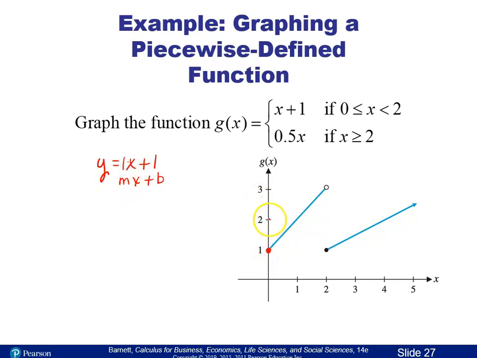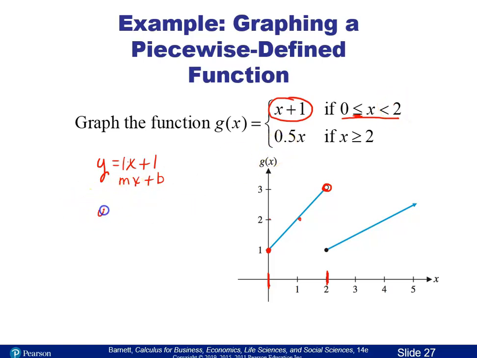So I'm going to go up 1 over 1, up 1 over 1, and that's the line that I would graph. But that line is only true if x is between 0 and 2. So that means only for this part here, from 0 to 2, is that line what I would use. I have a closed dot on the 0 because of the equals here, and I have an open dot on the 2 because it's not included.